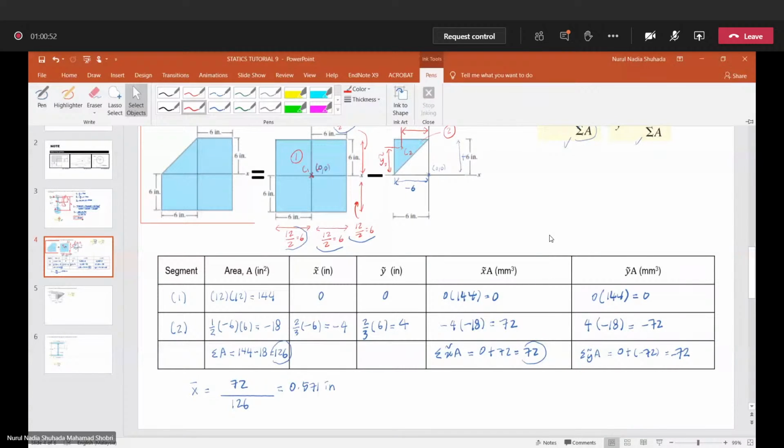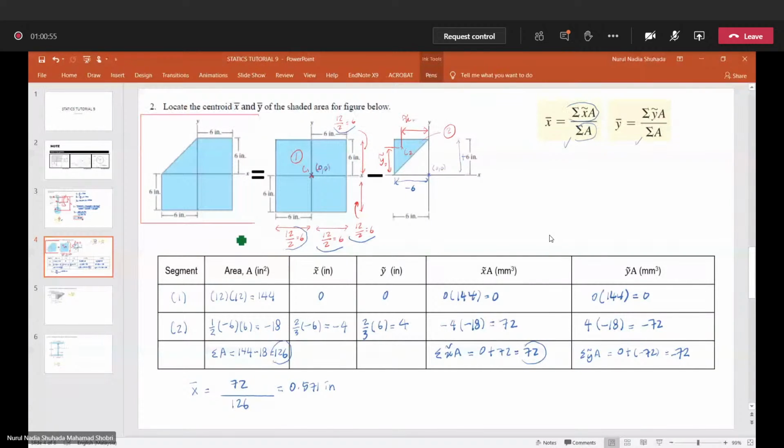The equation says b over 2. The total length is 12 and you divide by 2, that equals 6. So the distance from here to here is 6. If you move 6 inch to the right, you will get the location here, 0.